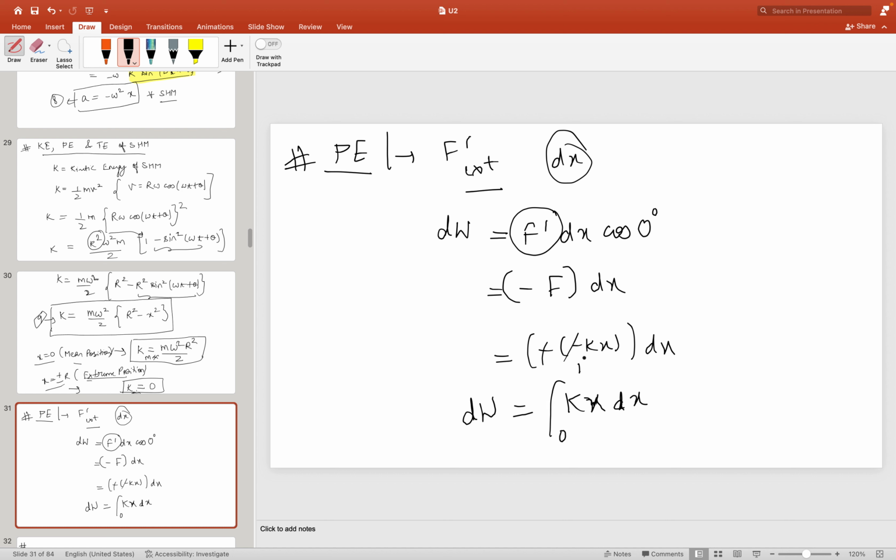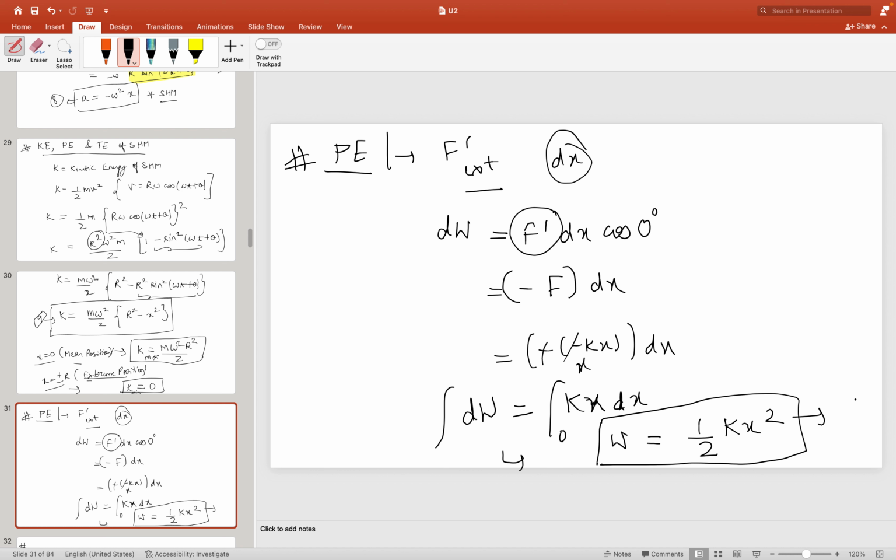So 0 to x, because we are producing an extension x, and integrating on both sides. On integrating, we get work done is equal to half kx square, right? This is already in terms of x, the displacement, which we were trying to find out earlier. So we have got the answer in terms of x, okay?